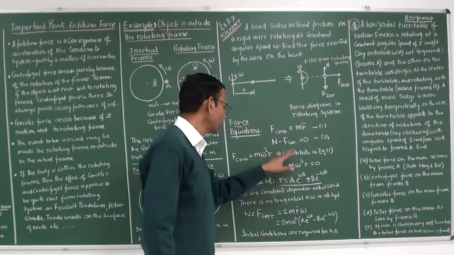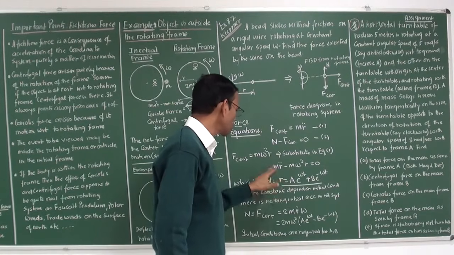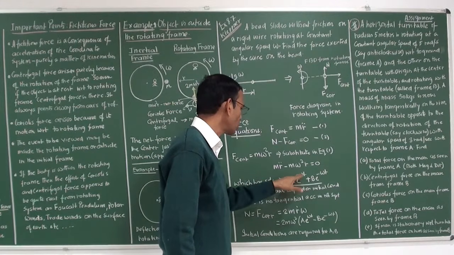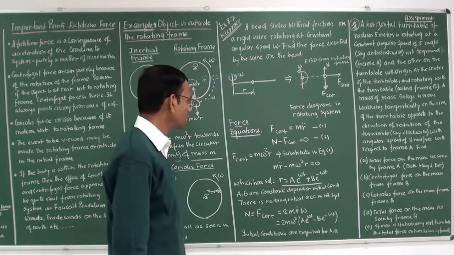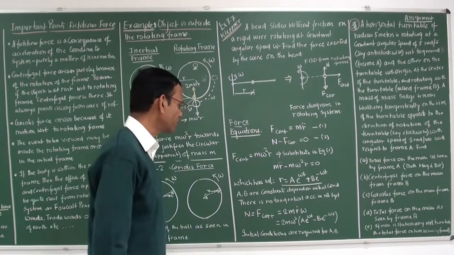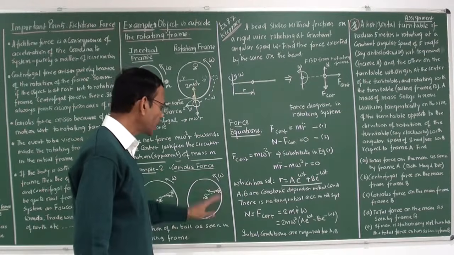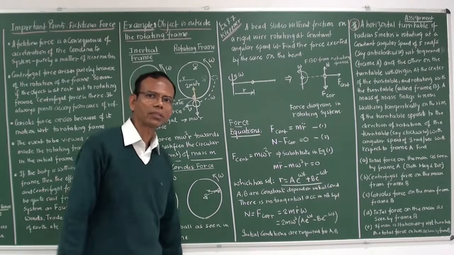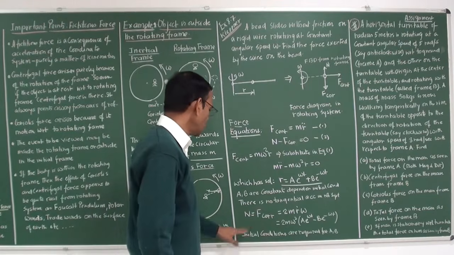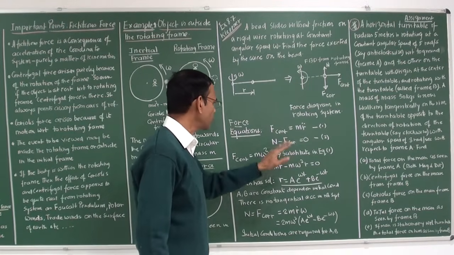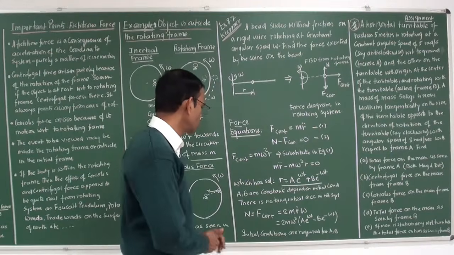So we get a differential equation, and the solution of this is r is equal to A e to the power of omega t plus B e to the power of minus omega t. Solution of this simple differential equation. So A and B one can find out from the initial constants. Now the other equation: N minus F Coriolis is equal to 0.